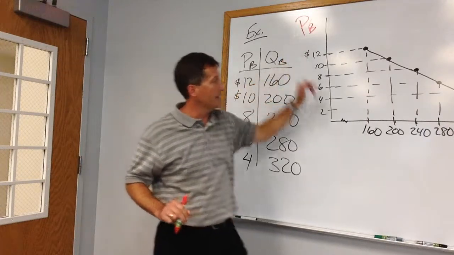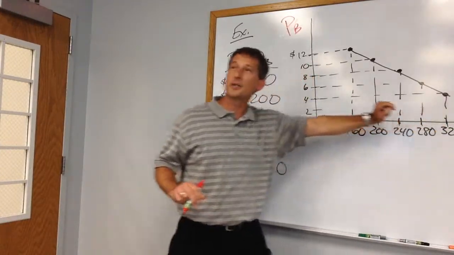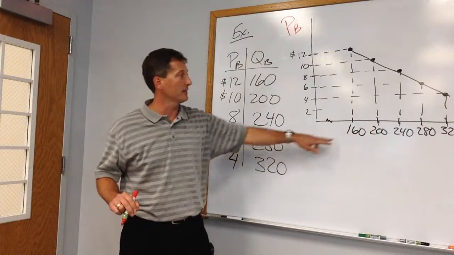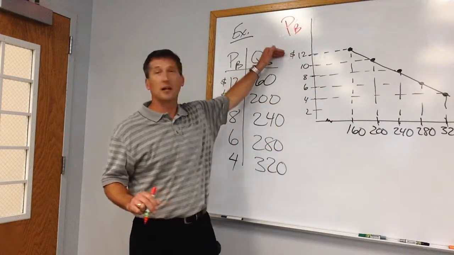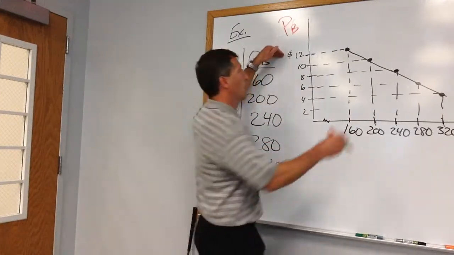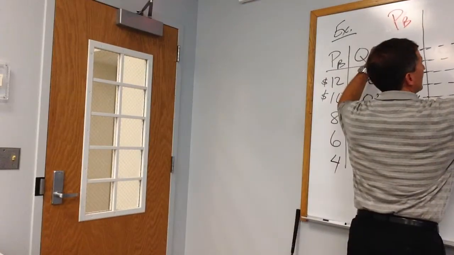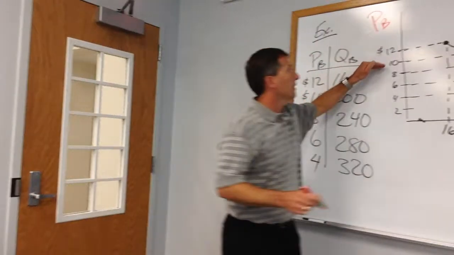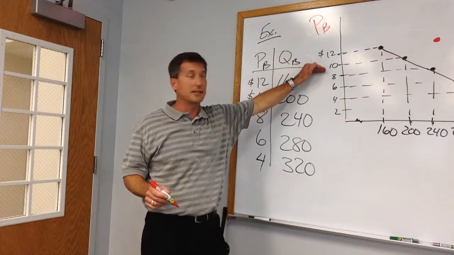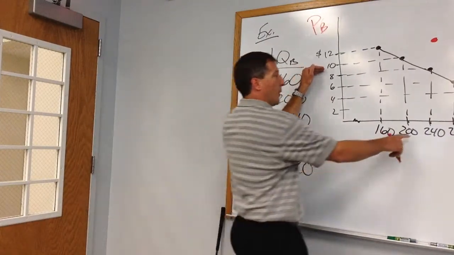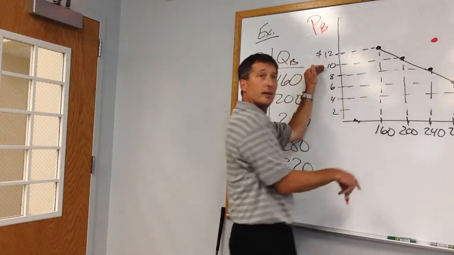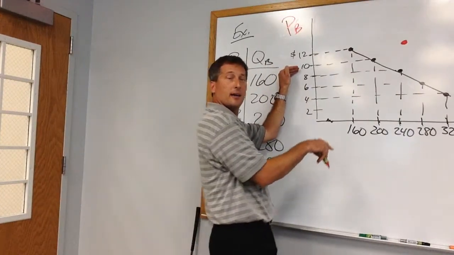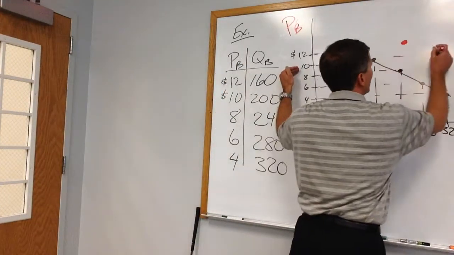If the income goes up to $30,000, are we going to sell more or less? More. Maybe this much more. 240. If the price falls to 10, with $20,000 we buy 200, but now we're going to buy more.